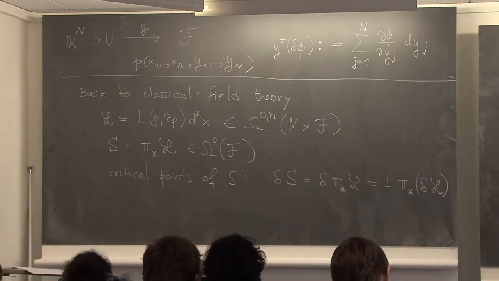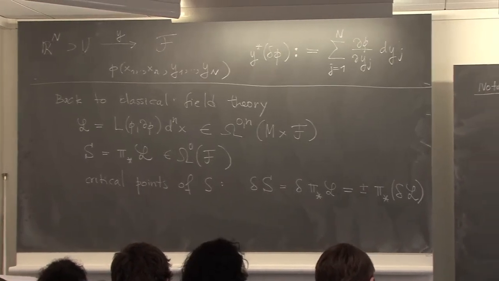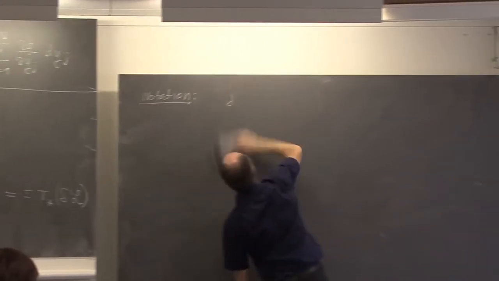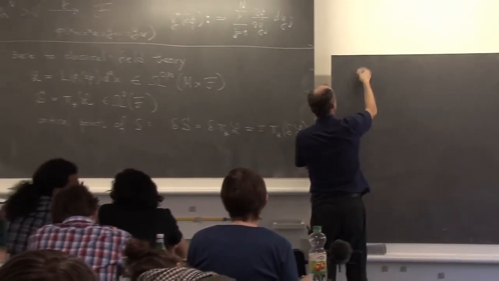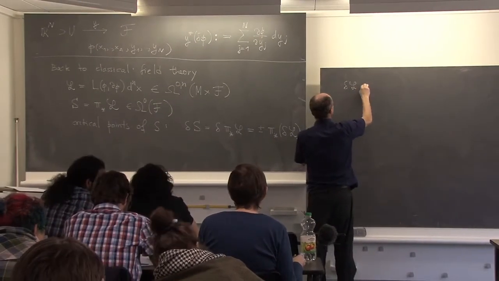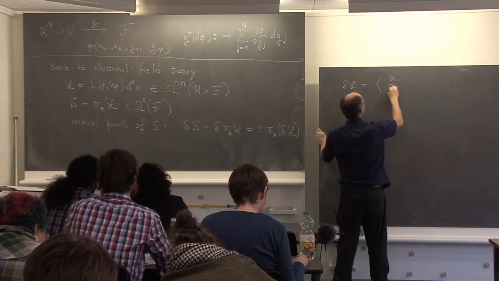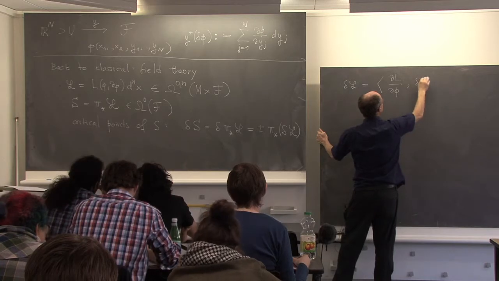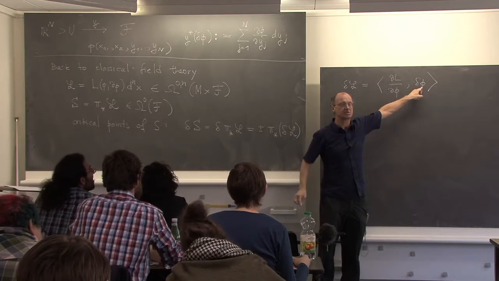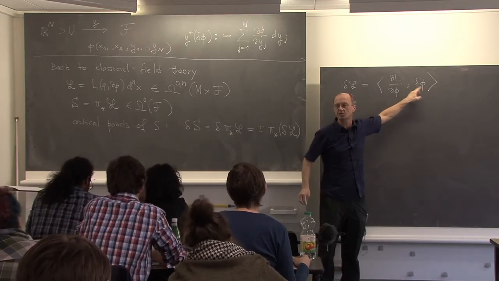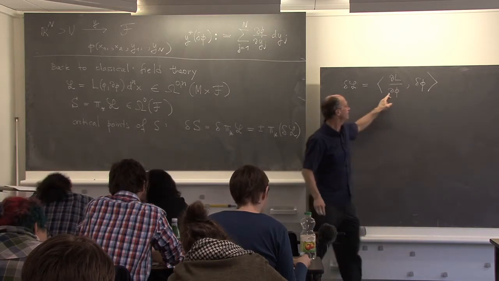Now let's look at our calculation, and let's try to reinterpret it from this perspective. So we're taking delta L, and we're writing it as dL over d phi delta phi. See, that's why we had to discuss this form, right? So there is this form, rather tricky object, this form delta phi.